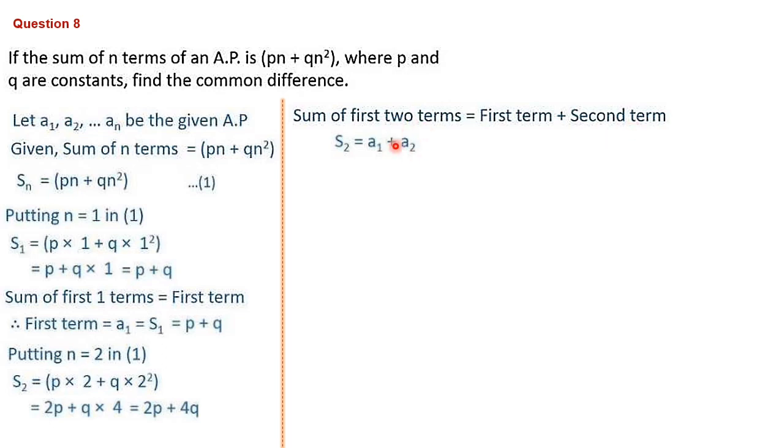Here we need A2 because we are having S2 and A1 with us. So A2 is equal to S2 minus A1, taking A1 to the left. Let's substitute the values. A2 is equal to S2, which is 2P plus 4Q, minus A1, which is P plus Q.